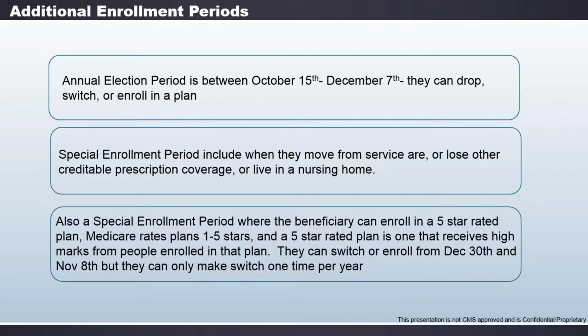They can switch from a lower rated star plan to a higher rated star plan between December 30th and November 8th. They can make that switch 1 time per year if they want to get switched over to a higher rated plan.